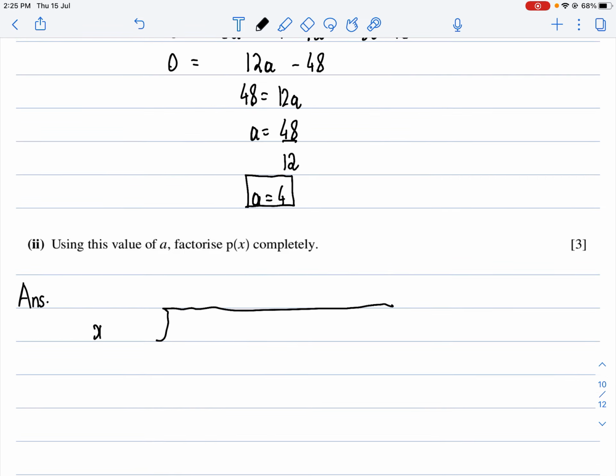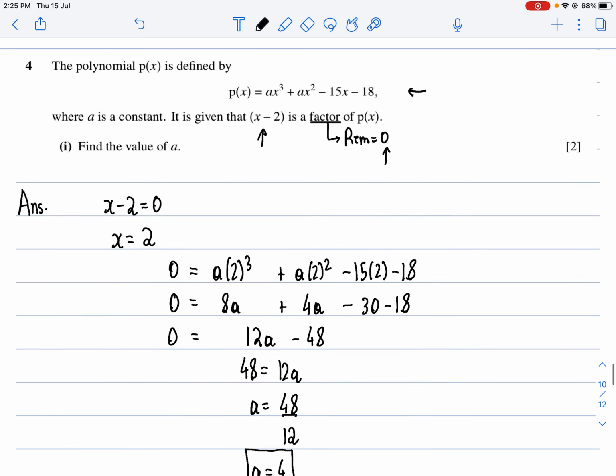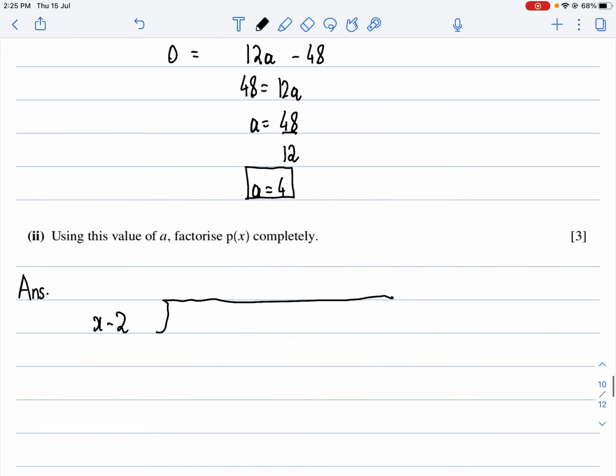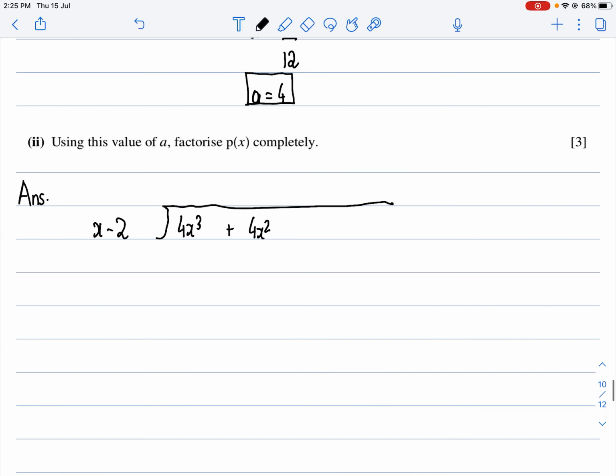So I write x minus 2. The p of x which I have is this, where I can substitute the value of a. So I get 4x cube plus 4x square minus 15x minus 18.